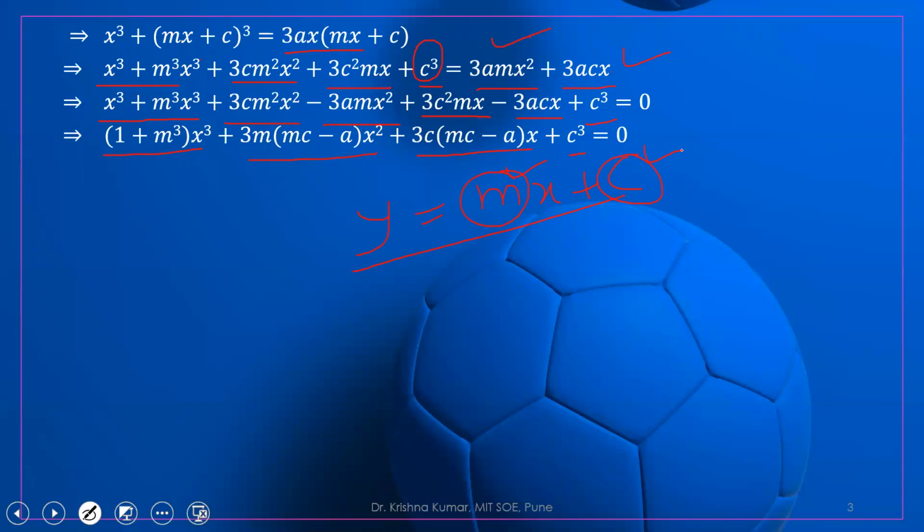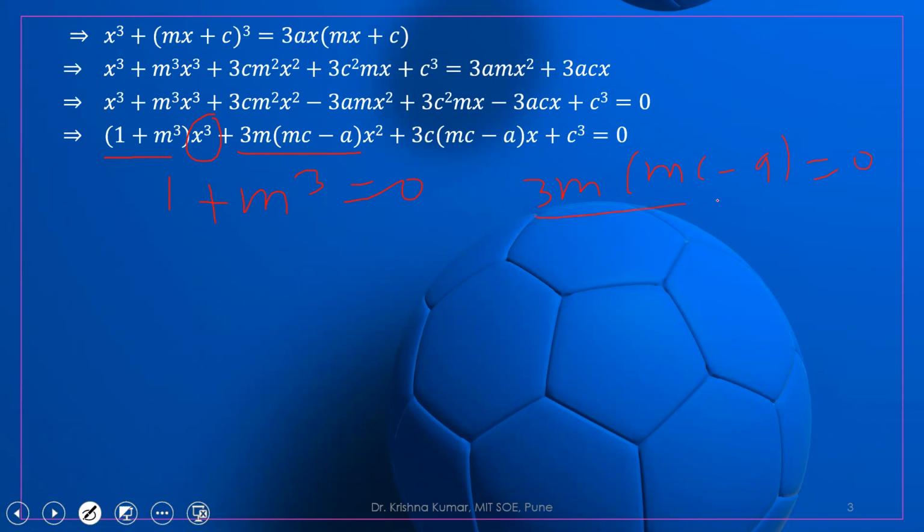So what is condition number 1? After getting this equation, we will equate the coefficient of highest power of x and the coefficient of second highest power of x equal to 0. So we put 1 plus m^3 equal to 0. This is the first condition, and 3m(mc minus a) is equal to 0.